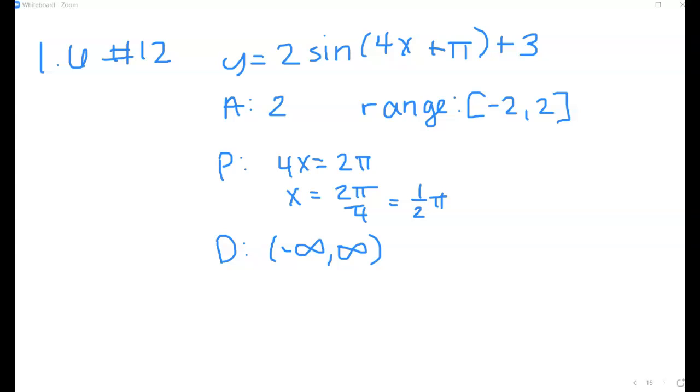So in order to get our graph, we need to know the horizontal and vertical translation. The horizontal comes from setting 4x plus pi equal to 0, which becomes 4x equals -pi, or x equals -pi fourths. So what that tells me is that this graph shifts left pi fourths.